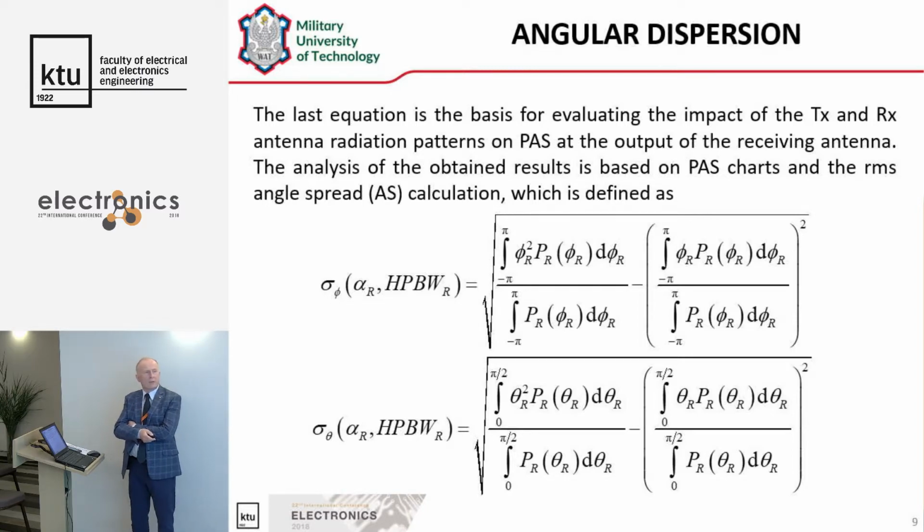We can define angular spread using this formula in azimuth and elevation. This component is the standard deviation. These parameters can be calculated using this formula, which comes from the standard deviation definition.